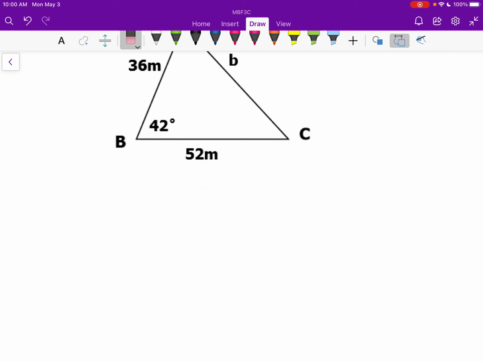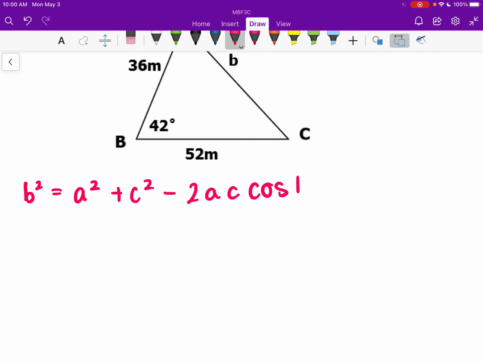Let's just put it in. So it's b squared, right, because b is what I'm looking for, is equal to a squared plus c squared minus 2ac cosine B. I have cosine B, it's right here. I have A and I have C, right?